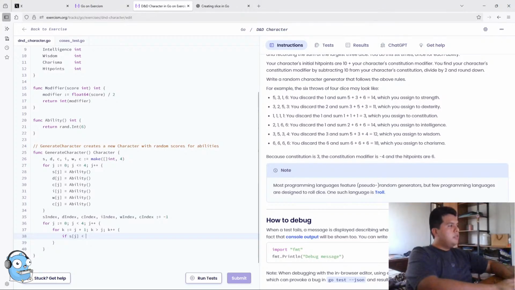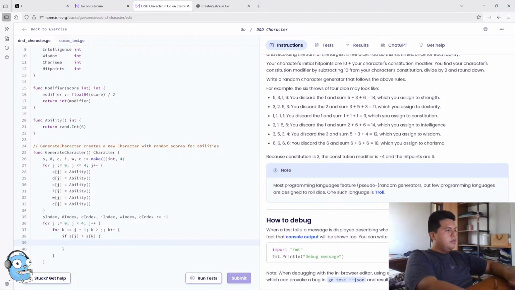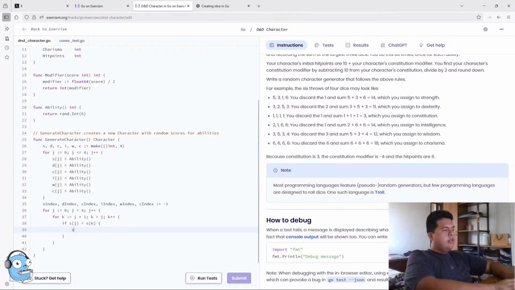If j is less than s k, I will save the s index as equal to j.